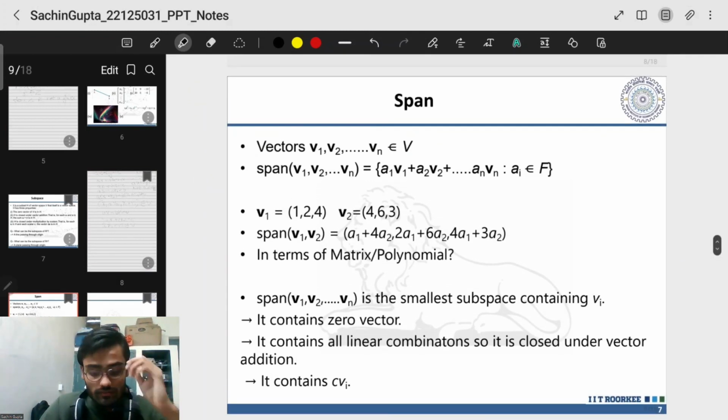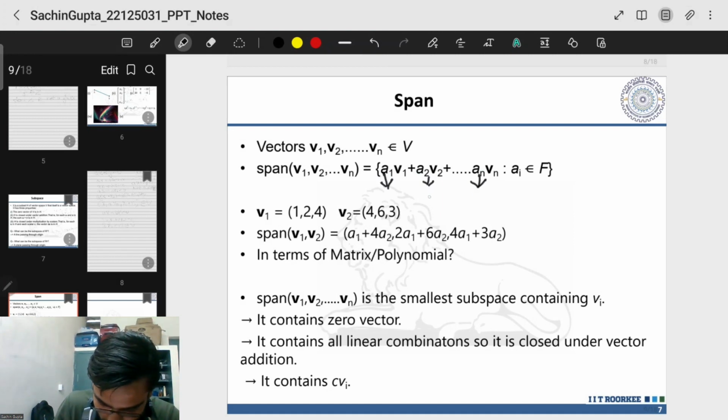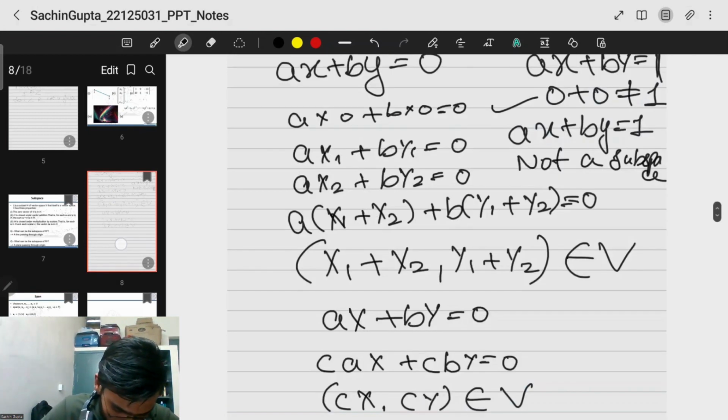Now what is span? Suppose vectors v1, v2 up to vn belong to the vector space V, then the span of v1, v2 up to vn is equal to a1 v1 plus a2 v2 plus a3 v3 up to an vn, where a1, a2, an all belong to the field. Now there is one example.